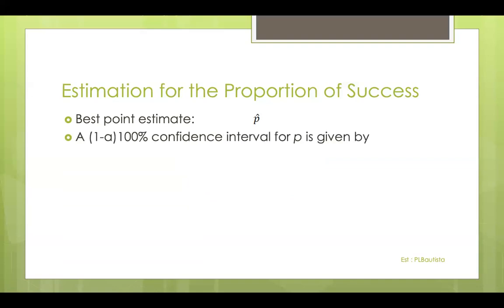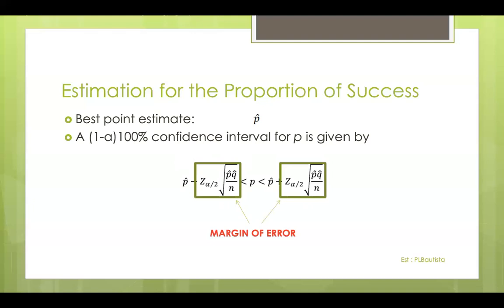And the 1 minus alpha 100% confidence interval for P is given by this formula. Again, take note, P is the population parameter, which should be unknown. So that is the value we are trying to estimate. You have here a confidence interval for P, which would have a similar structure as our previous formulas, wherein you have the point estimate P hat, and then you just add and subtract a margin of error.